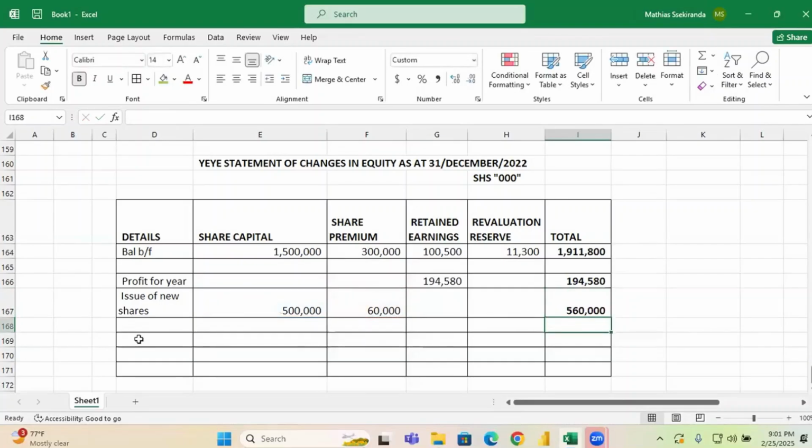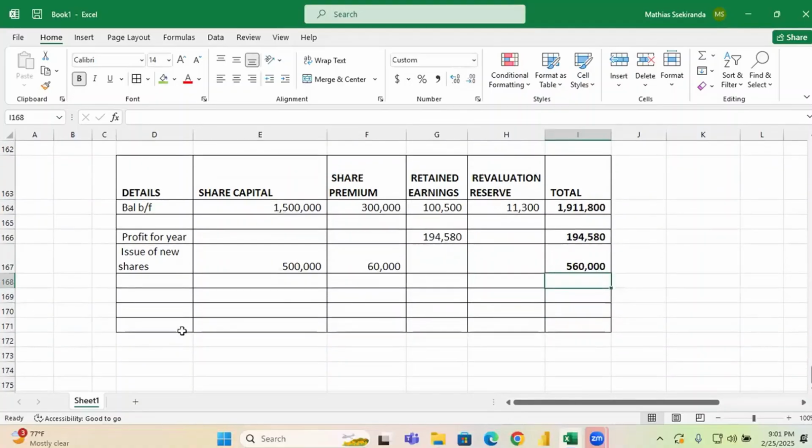Ideally, what you have already computed is what you bring in there in the changes in equity, as long as that item affects. We had revaluation of land. You remember, we had an entry that was affecting land revaluation.